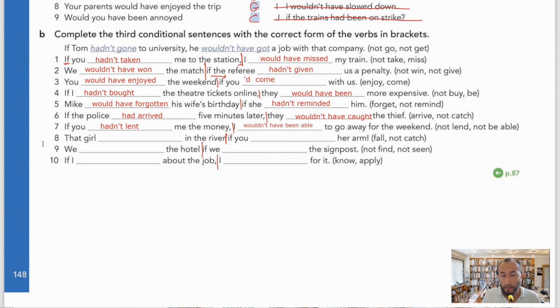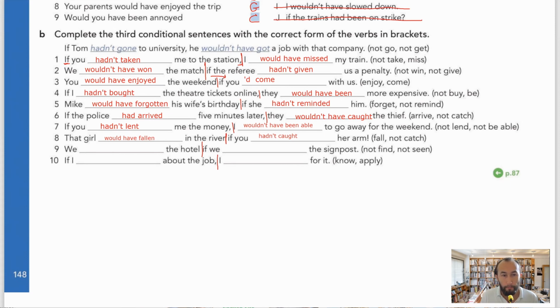So number 8, that girl. That is a result clause because if is starting from here. So fall, we're going to use would have fallen. That girl would have fallen in the river if you. Now in the if clause, we're going to use past perfect negative, not catch, becomes if you hadn't caught her arm.